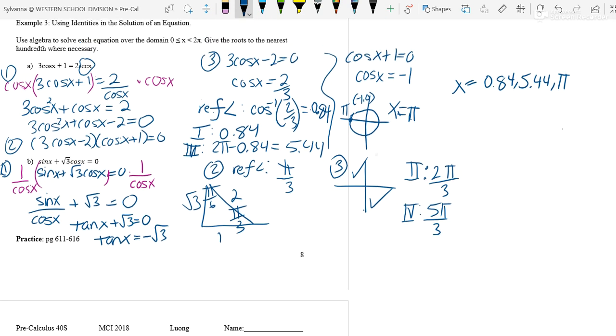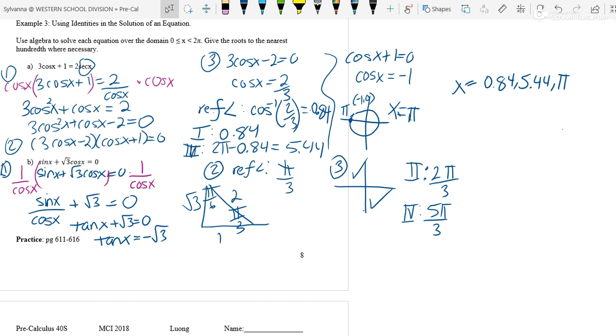And if we look at our domain, we want only from 0 to 2 pi. So then it's just those two angles and we're done. And we'll state that at the bottom, x is equal to 2 pi over 3 and 5 pi over 3. And then that's it.